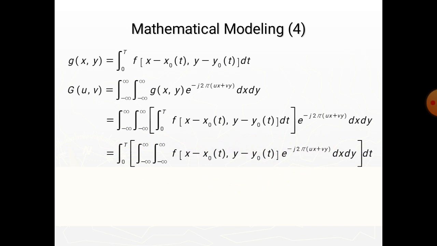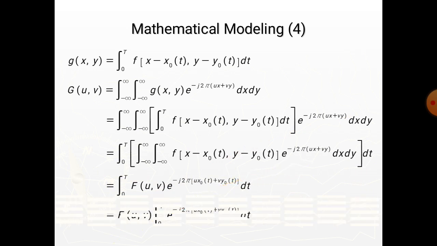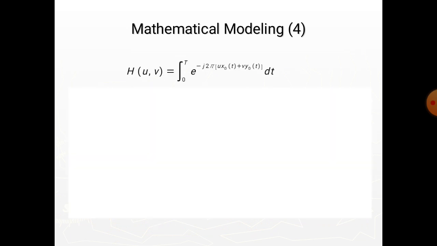The term inside the outer brackets is the Fourier transform of the displaced function f(x minus x0(t), y minus y0(t)). So using these equations we can get F(u,v) times the integral of e raised to minus j 2 pi (u x0(t) plus v y0(t)) dt.